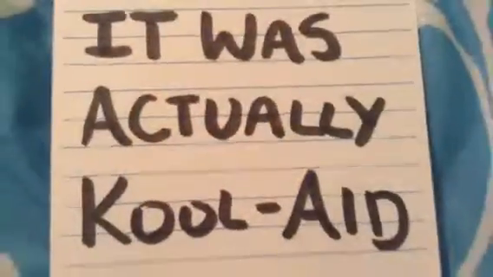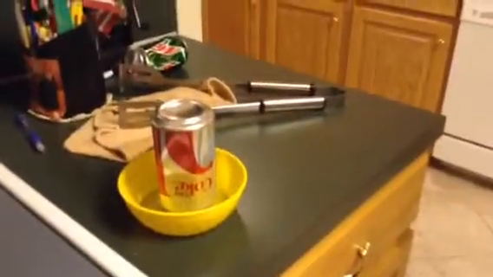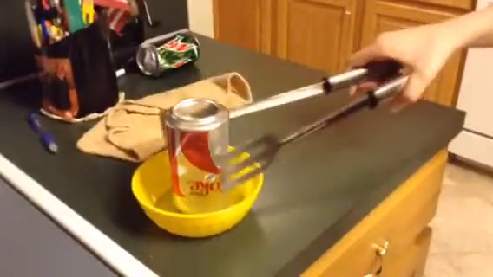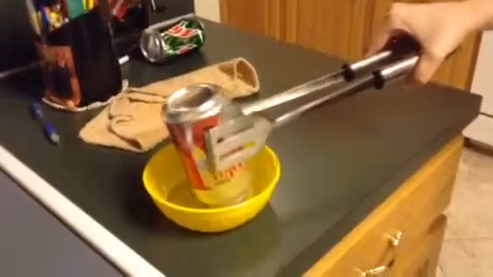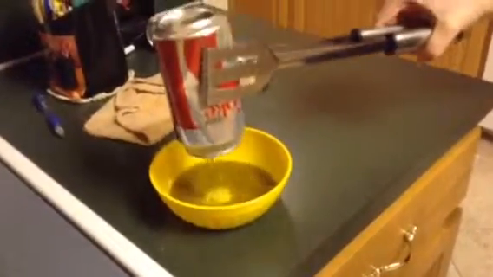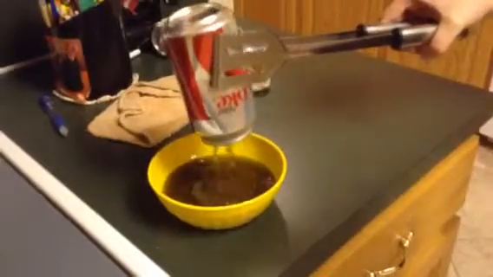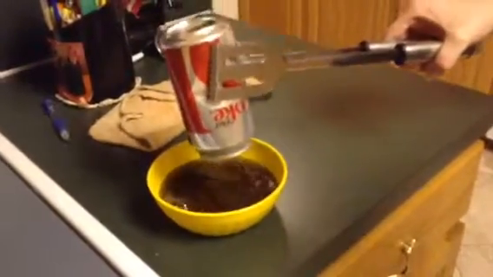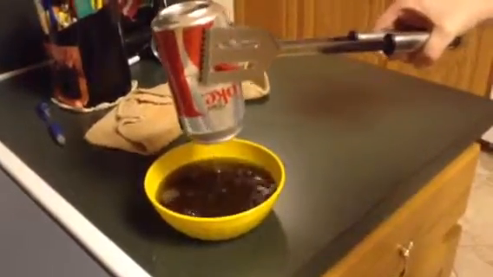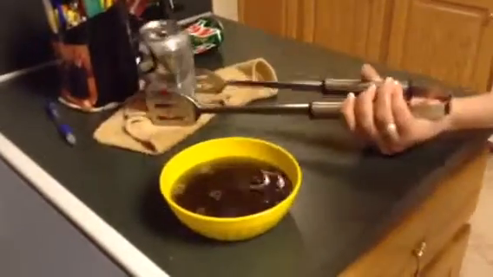Wow, look, all the water is gone. The temperature in the can decreases, so does the pressure. So the can wants to stabilize. That's why it sucked up the water.